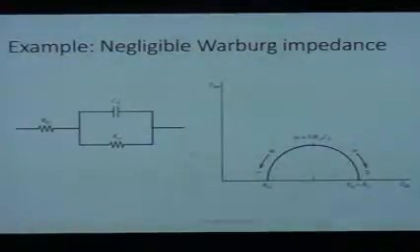I show this because, to some extent, if you're working hard at developing Faradaic materials, things that are going to react, then you're going to be trying things that don't work. And when you try things that don't work and you put it into EIS, if you see something like this, you just look at it and you say, I didn't have reaction going on there.